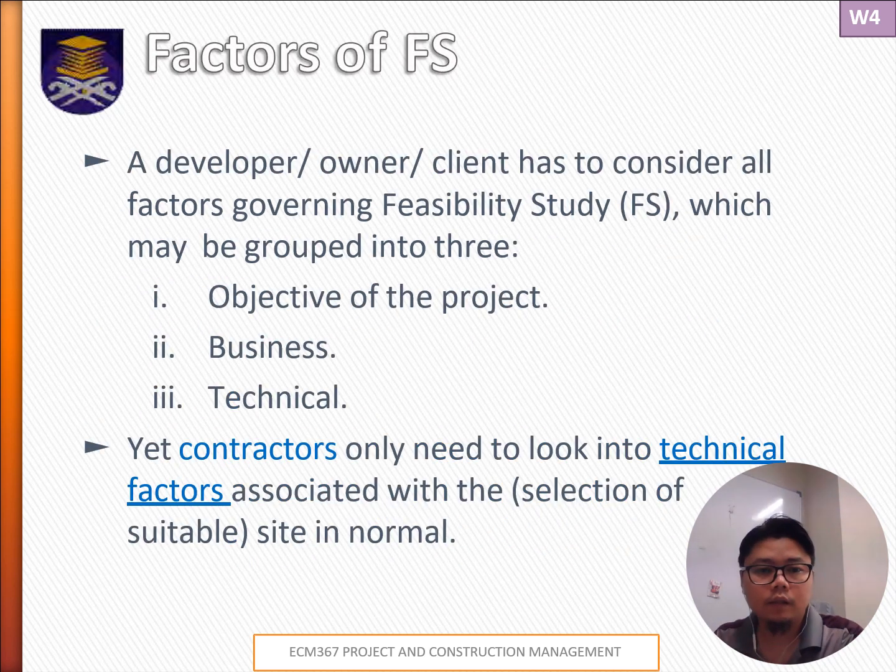Okay, now we enter into the factors influencing site selection, which includes the project objective, business considerations, and also technical requirements. So for the first factor, when starting a project, the client must clearly explain what the project should achieve and why it is important, right?